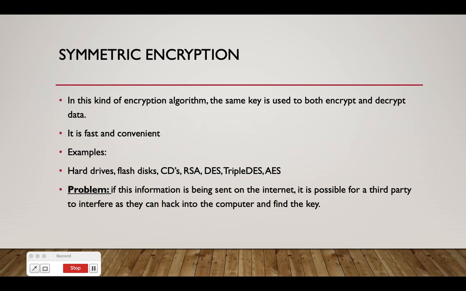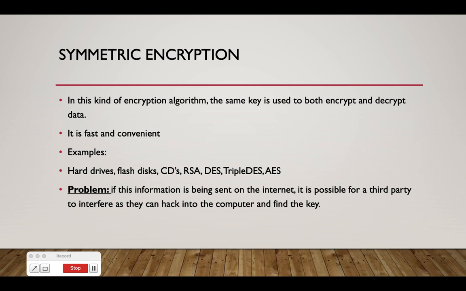So the 2 types of encryption, we have symmetric encryption and asymmetric encryption. So symmetric encryption, in this type of encryption, the same key is used to encrypt and decrypt data. So an advantage of this is that it is fast and convenient.